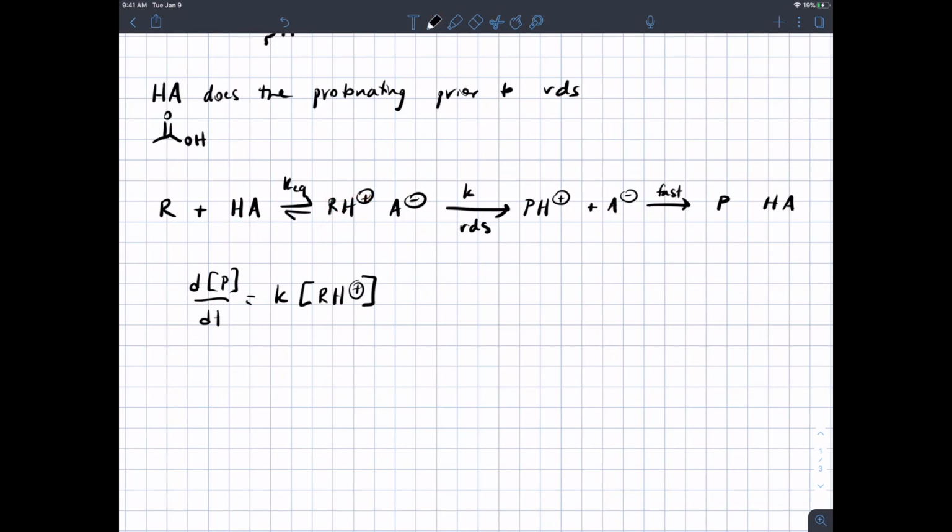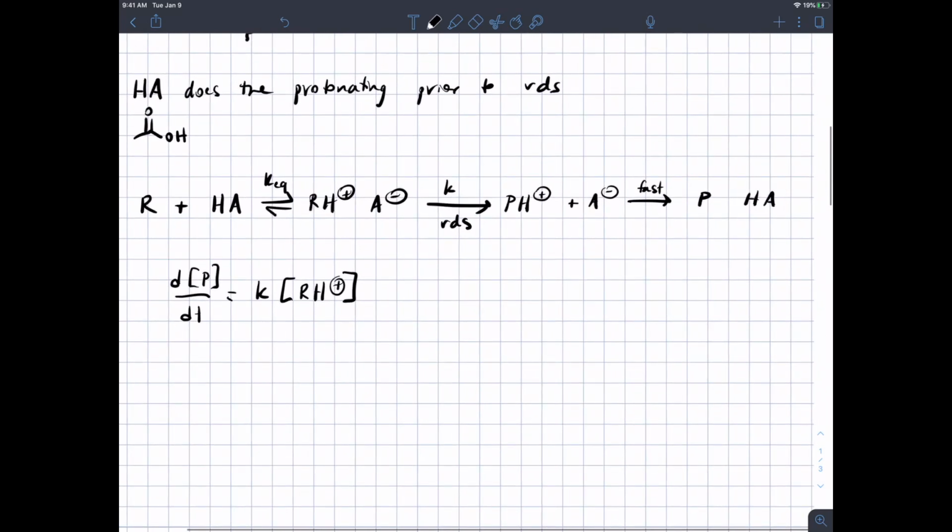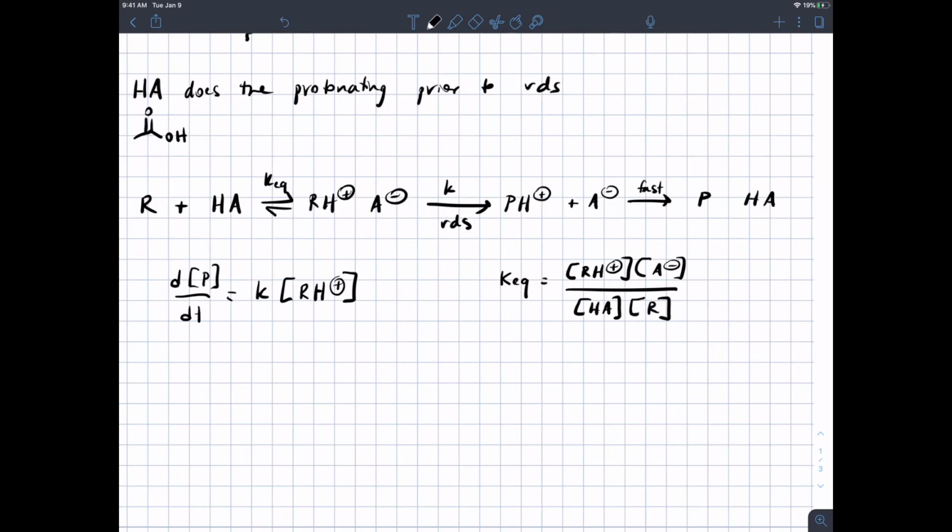And so if we want to find an expression for the concentration of protonated starting material, it's going to look a little different than it did when we were using hydronium as the acid. So the equilibrium constant should be the concentration of protonated R times the concentration of the conjugate base, over, in the denominator, the concentration of HA times the concentration of starting material.